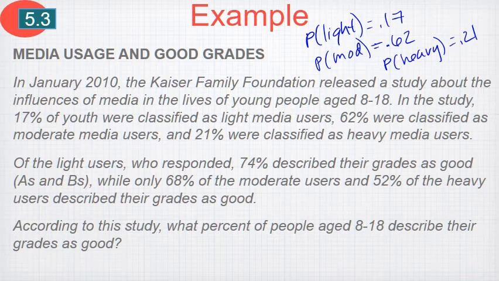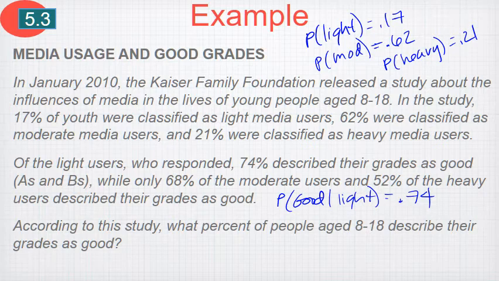So we have, of the light users who responded, the grades that were good. So this is a conditional probability. This is the probability that someone has good grades, given that they are light users, right? 0.47. Okay, so that's right there.